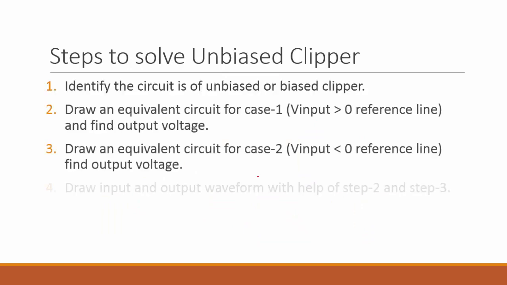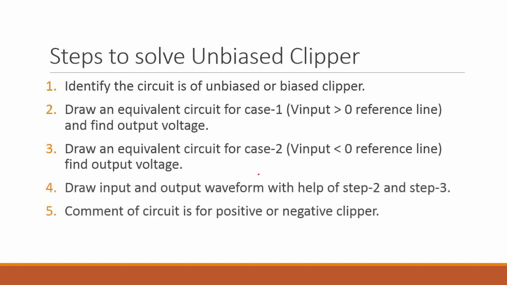There are a few steps to remember to solve an unbiased Clipper circuit problem. Step 1, you need to identify whether the circuit is biased or unbiased. Step 2, draw the equivalent circuit for case 1 when V input is greater than the 0 reference line, and find the output voltage across the load resistance.